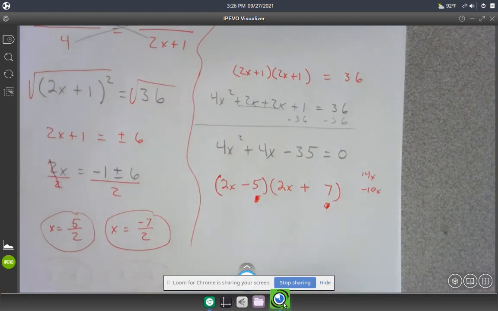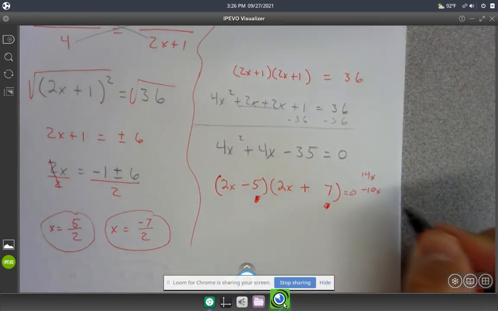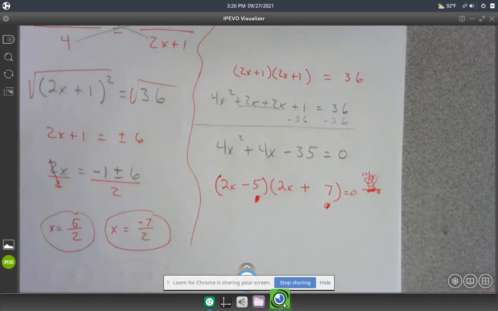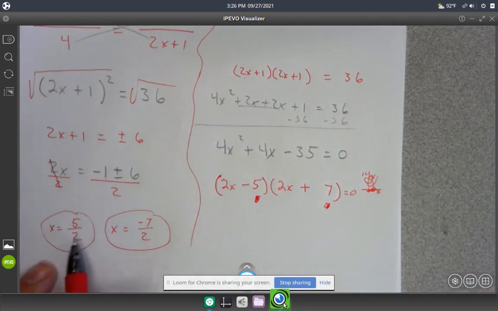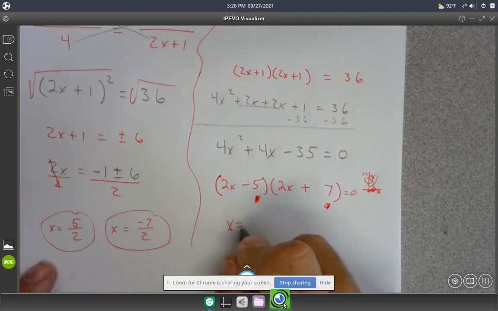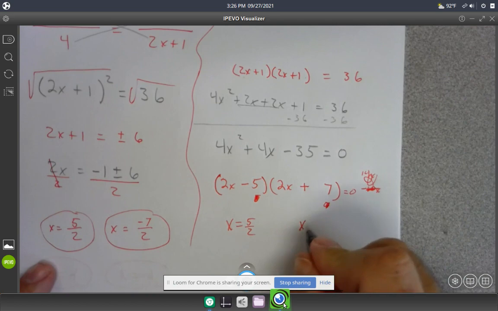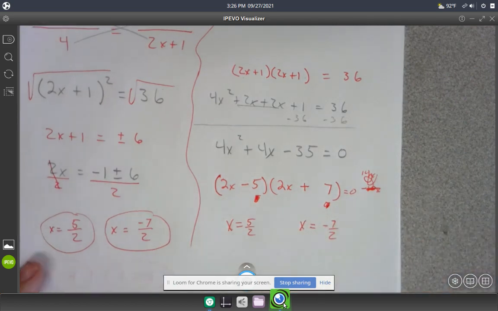And that's how you get the 4x in the middle. Now that it's factored, I could see that this 2x minus 5, that's how I'm getting 5 over 2 as one of my answers. And this one corresponds to the negative 7 over 2 as the other answer.